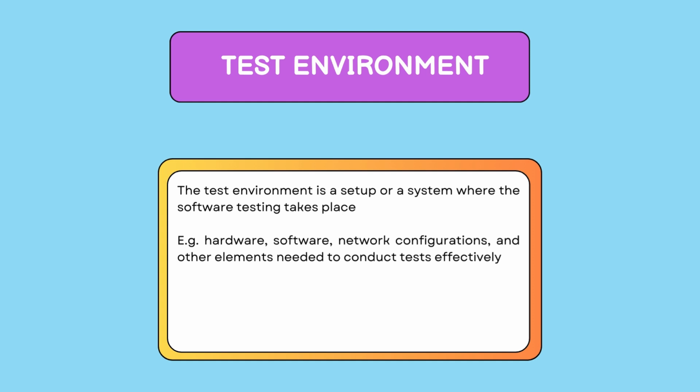All your testing results and activities always depend on your test environment. What we have in a test environment is the hardware, which hardware you are using, the software, which software you are using for the testing, your network configuration, and the other elements needed to conduct the test effectively. Your machine configuration is also important. Okay. So that's all about the test environment.